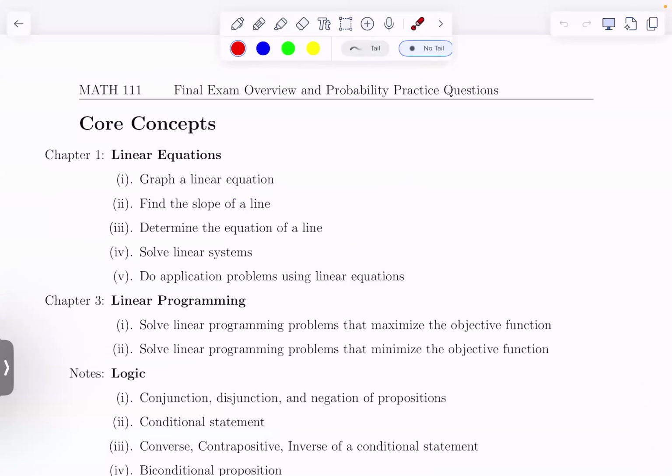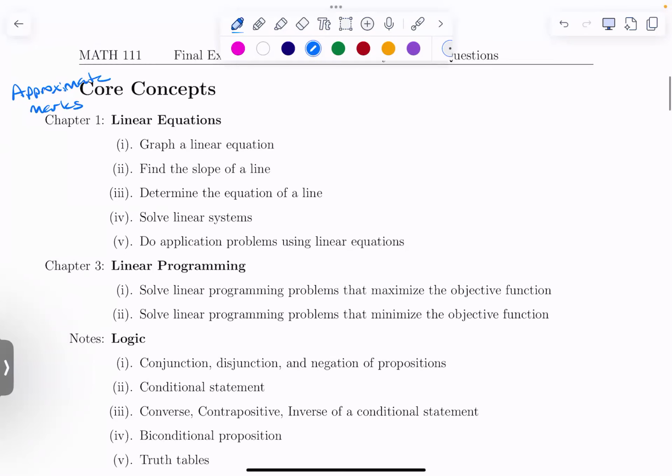So what I want to do today is remind you of all the things that we've learned, covered, talked about, endured, and also how many marks to expect from each section on the final exam. Over here on the side, I'll do approximate marks because I'm allowed to change my mind a little bit, but in general, kind of broad strokes.